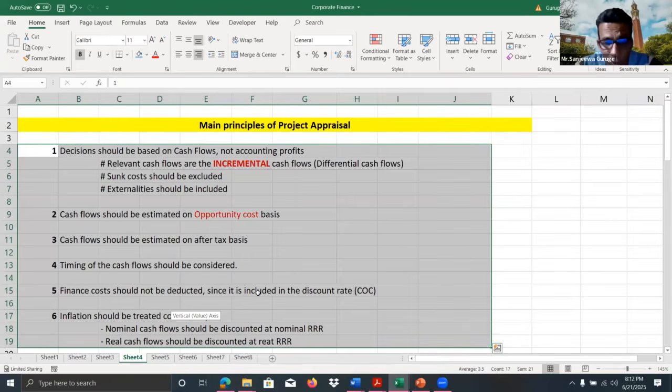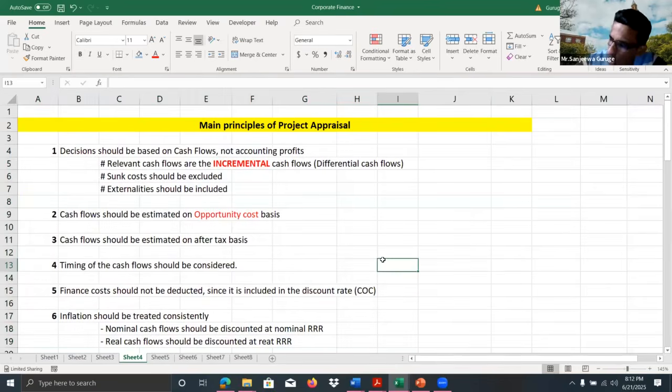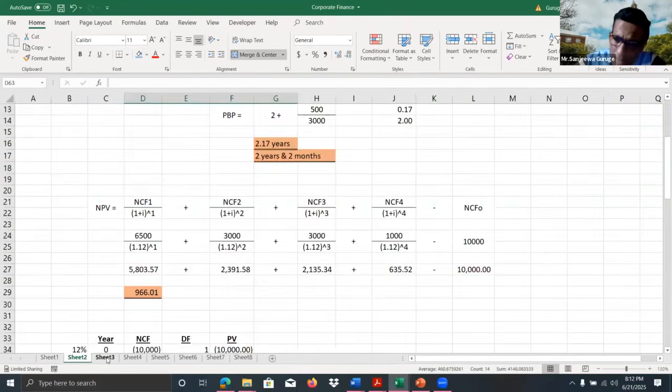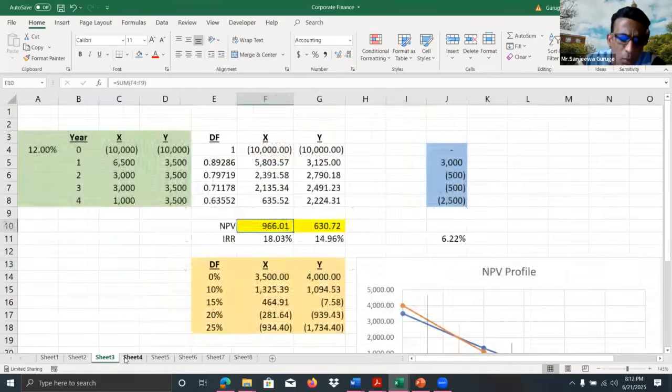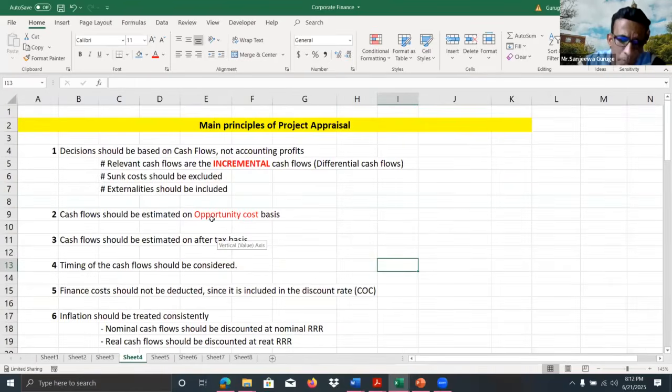We have to have a good understanding about these key principles, because based on the information given relating to a particular organization, when we are evaluating a project, these principles should be followed. When you have the correct understanding about these principles, you can do proper analysis, because the calculations are easy, but it's necessary to have the proper understanding about these principles, and the results should be interpreted according to that.